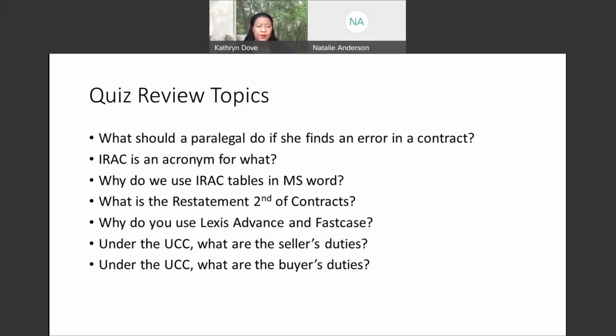Under the UCC, the buyer has a list of duties. The buyer's duties are to pay for the goods, to accept delivery, to notify the seller if the goods are non-conforming, and to cover. If the seller fails to cure a defective delivery, the buyer can cover by seeking alternative goods from someone else. And those duties are spelled out in your textbook and in Module 2.